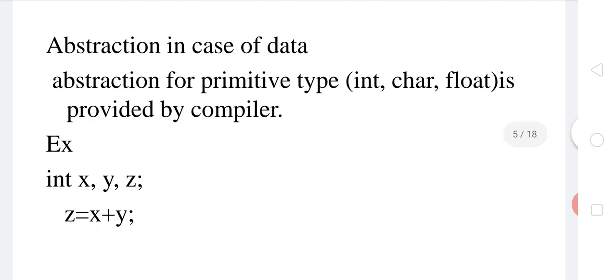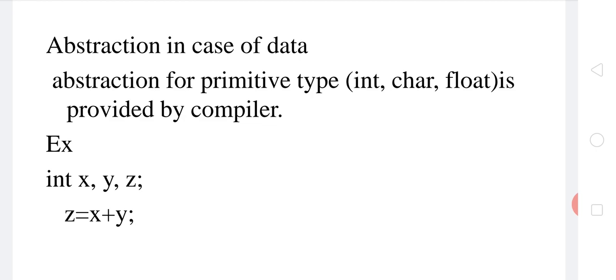For example, I declare three variables, integer x, y, z. Then x is equal to y plus z. The meaning of the operation plus is defined by the compiler. What is the meaning of plus, and what is the meaning of minus, is already defined by the compiler, and its implementation details remain hidden from the user.